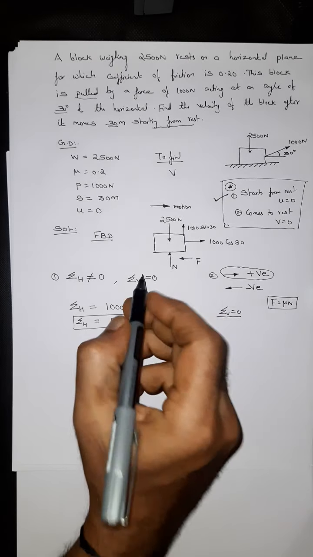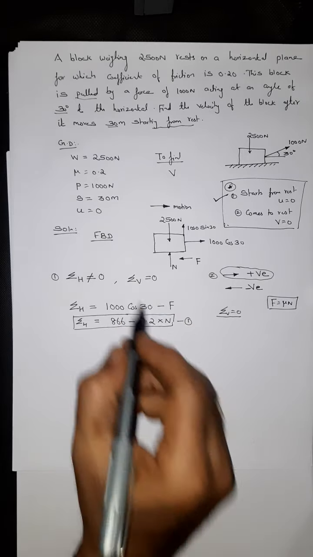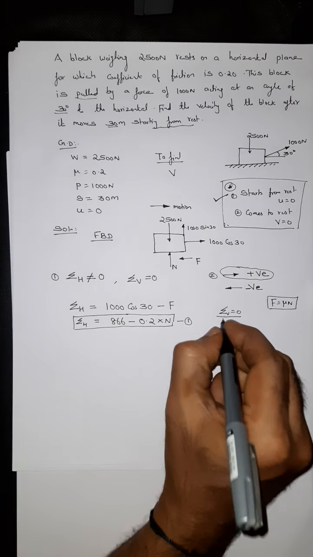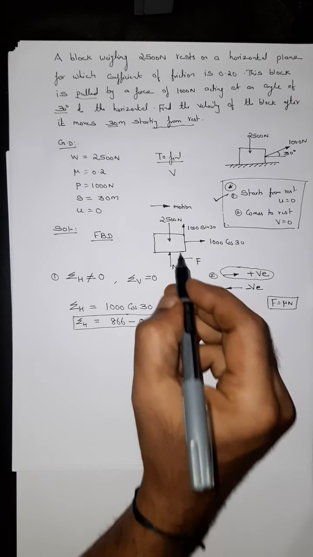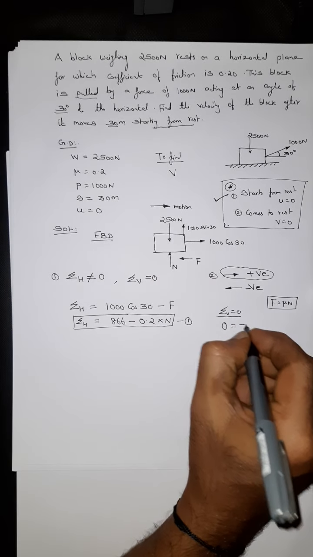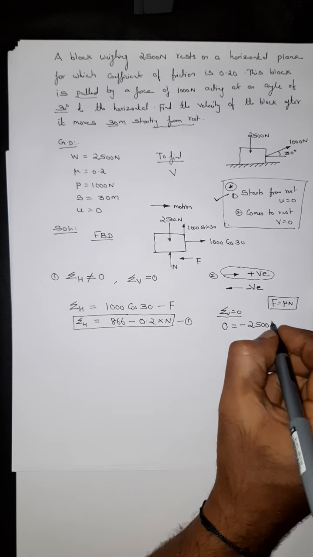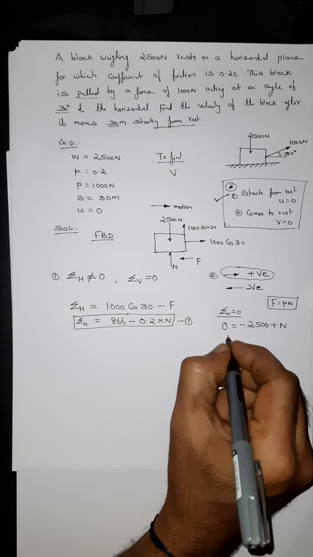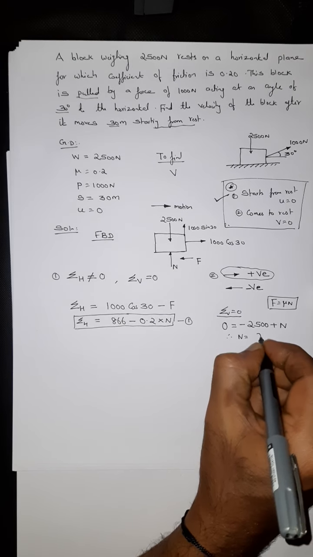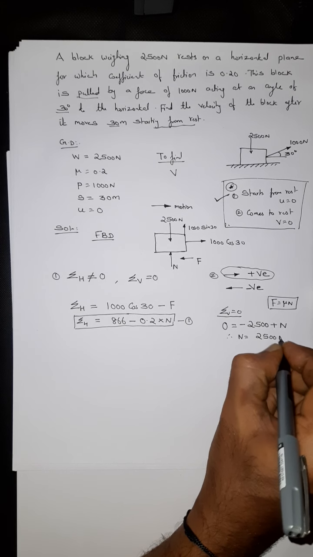Now I'm going to use condition number 2: summation V is equal to 0. So 0 equal to the 2500, which is acting in the negative direction, and N in the positive direction. Therefore N equal to 2500 Newton.